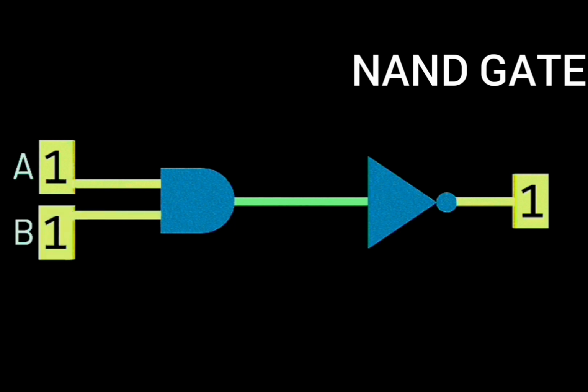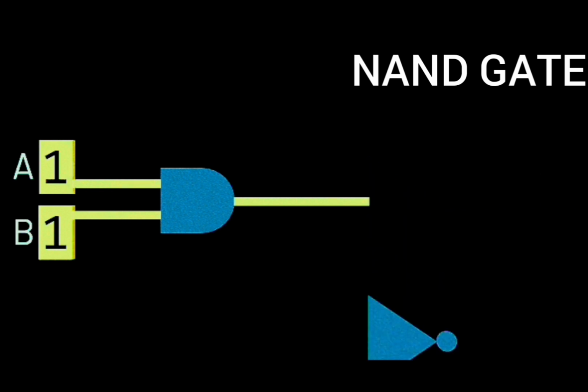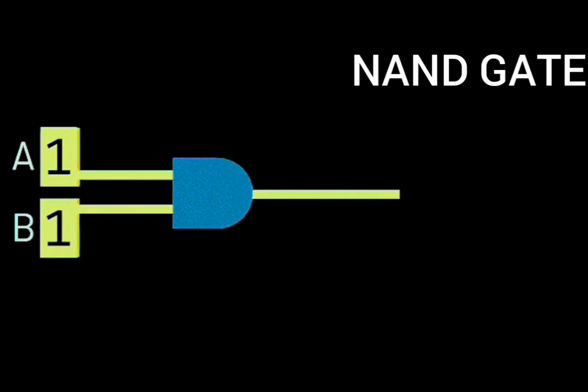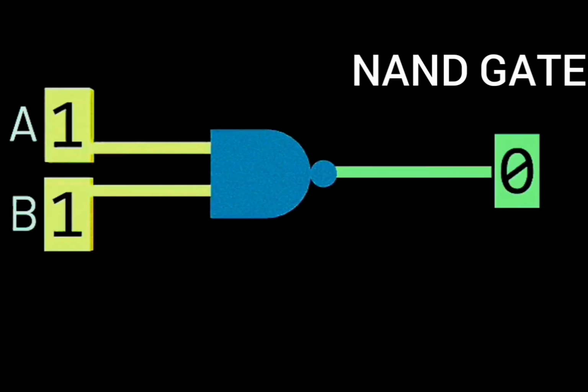The IC number of the NAND gate is 7400. Its function is just the opposite of the AND gate. Just see the diagram of the NAND gate, which contains two inputs A and B.